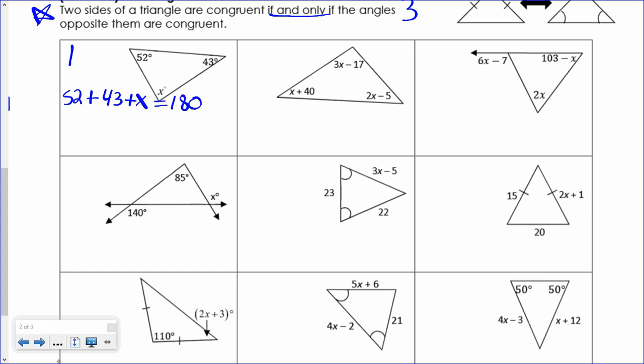I have something written for all three angles, so I add them together and set them equal to 180. And you just do a little bit of algebra, combine those two, and then subtract them to the other side. What would you get?